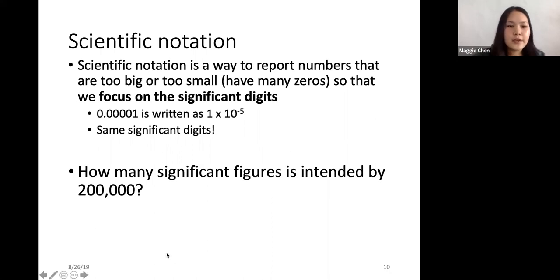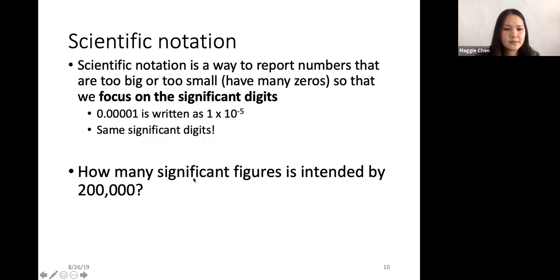So if we have 0.00001, we can rewrite it as 1 times 10 to the negative 5. These mean the same thing, and there are the same significant digits. So this 1 here, we're just rewriting it, and the negative 5, that negative just indicates how many spaces past the decimal point this number is.